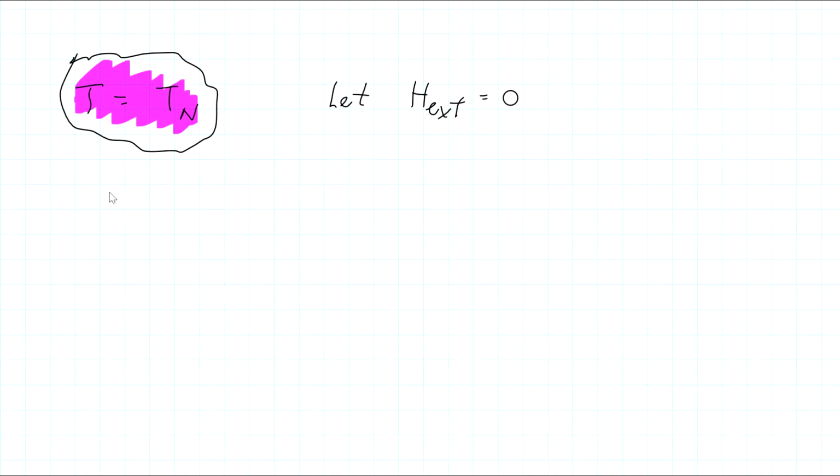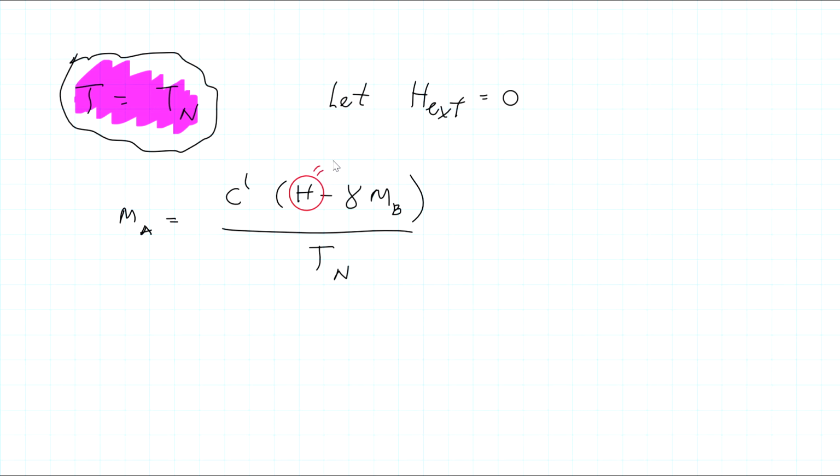So MA equal to C prime H minus gamma MB divided by T. So we take Neel temperature, and we also let H equal 0. So what it gives us is C prime gamma MB divided by Neel temperature.